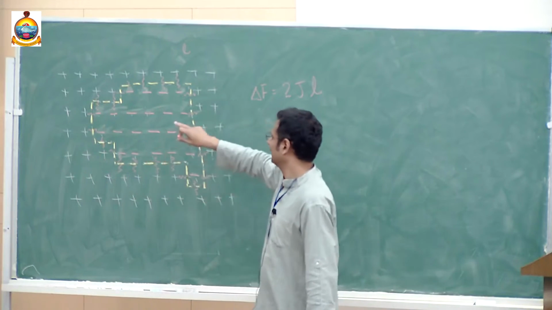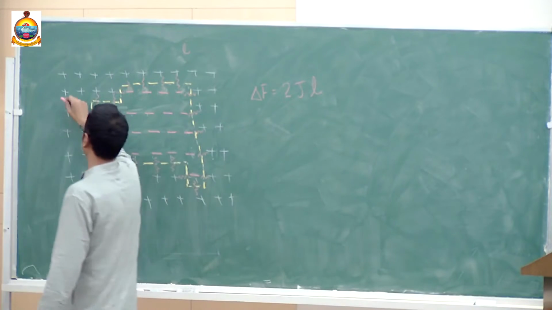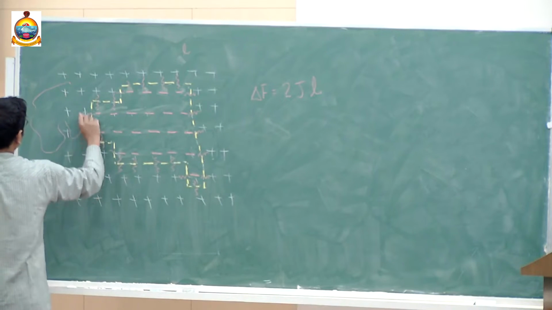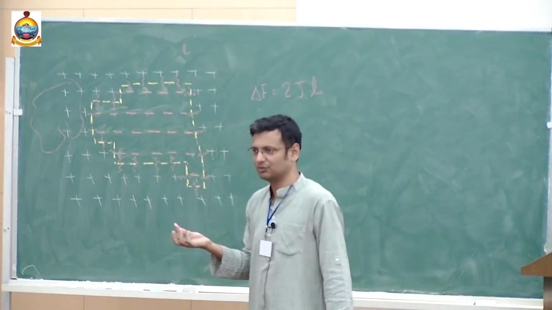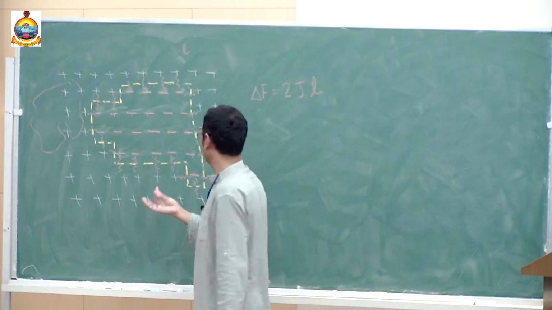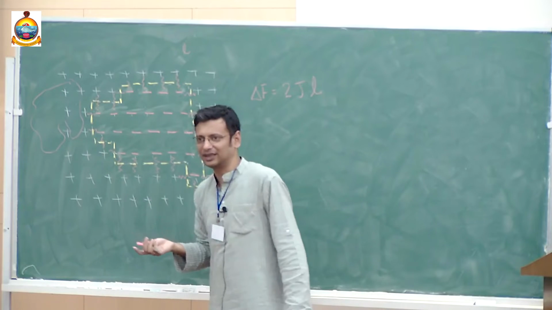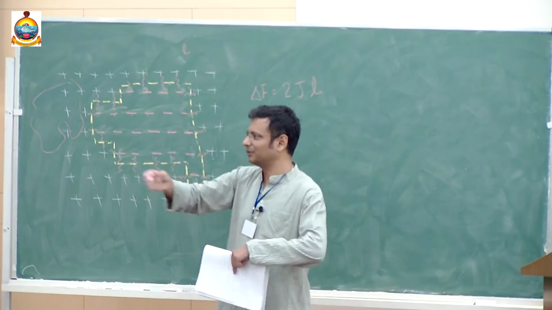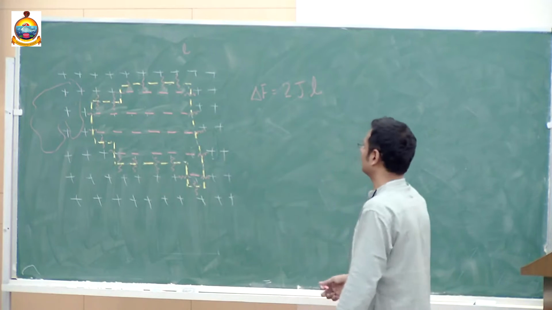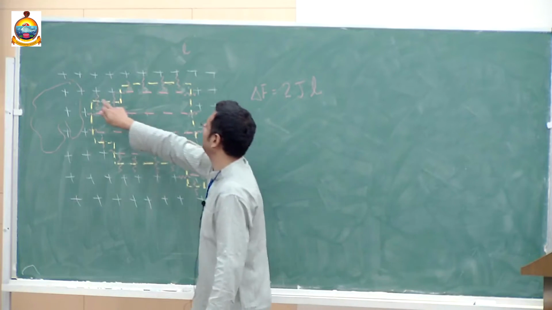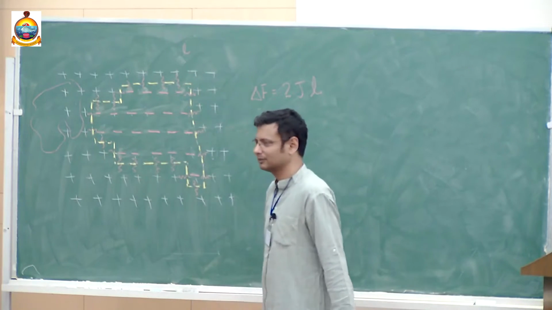Whatever shape I draw, maybe some more complicated shape, that shape should also have the same small l. If it has the same small l, then the energy cost is still the same, and therefore in my entropy sum I should also include that state. So now the question is, in how many ways can I do this?